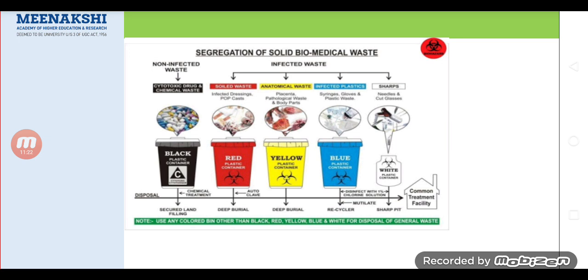The red container contains solid waste, that is infected dressings, POP cast, all, whereas a yellow plastic container contains anatomical waste, that is placenta, pathological waste, then body parts, etc. Whereas blue plastic container includes infected plastics like syringes, gloves, then plastic waste, etc. Whereas white plastic container receives sharps, which is needles and scissors, sharp instruments like glass, all.